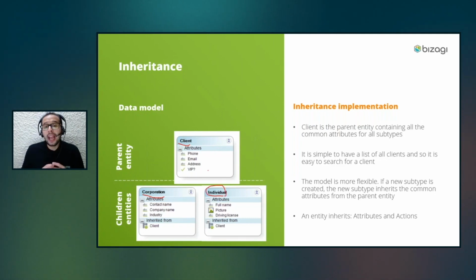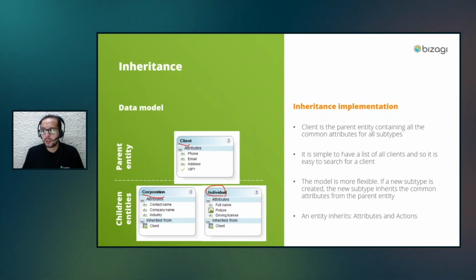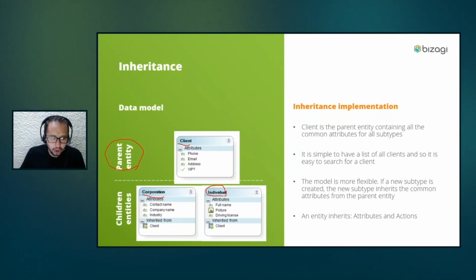So when we face these kinds of situations, we have a feature in the creation of our data models called inheritance. What is the idea behind this? That we can create different hierarchical levels, and then some of those entities will be parent entities, and others will be children entities.